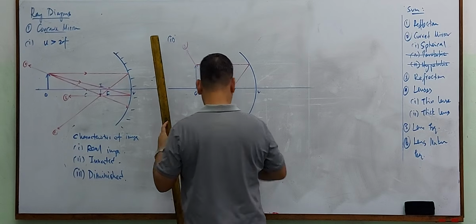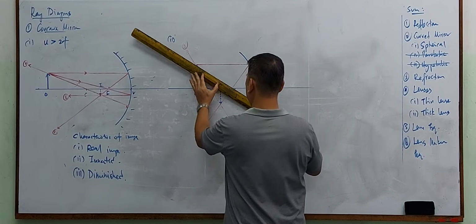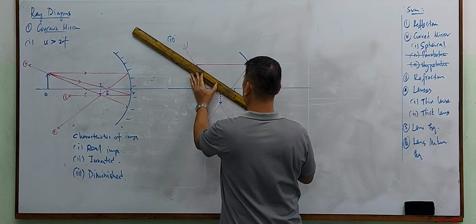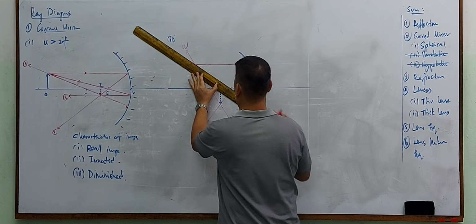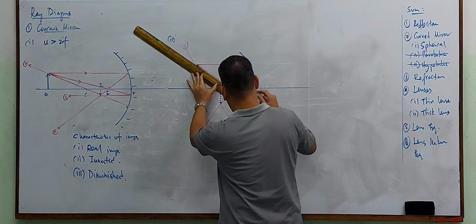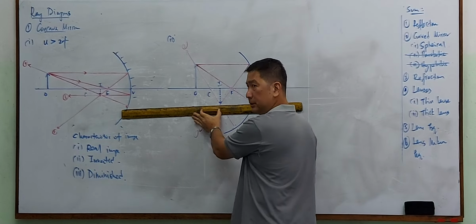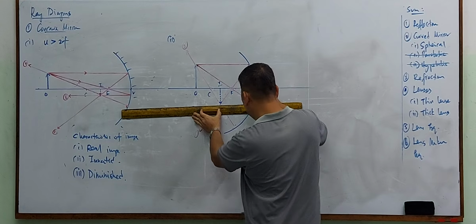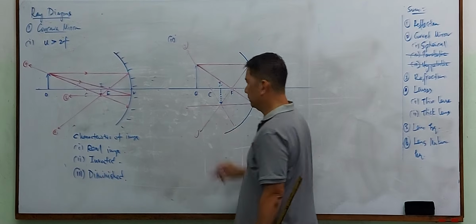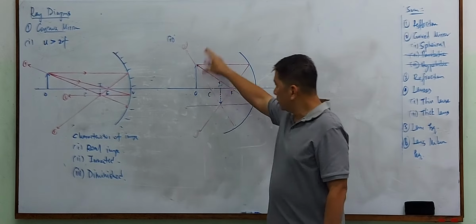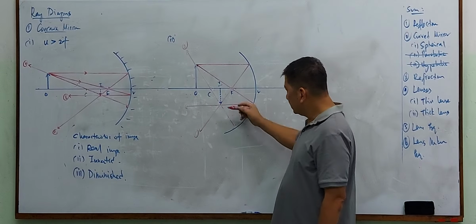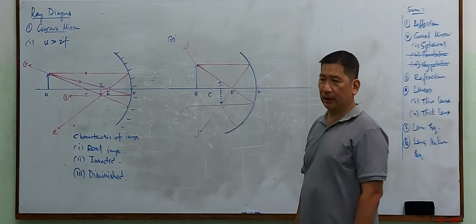That is your image I. Now, what happened then? Here. Now, draw a parallel line. Oh, getting further and further. It does not intersect. That's a problem. If you increase your object further, this line is going to go further and further away.